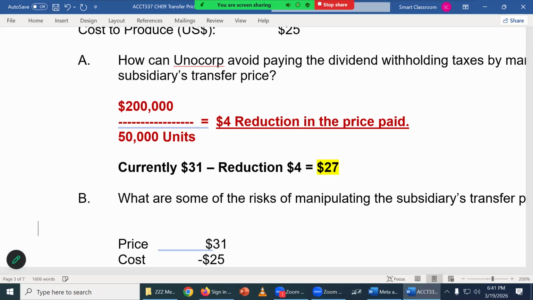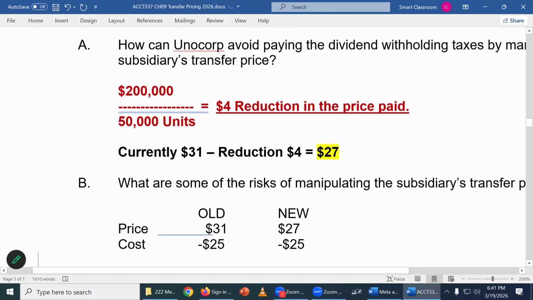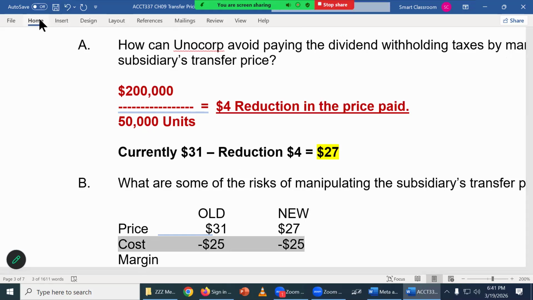We'll call this the old price. And the new price is 27 minus 25. So our margin for each of these, it used to be 6, now it's 2.